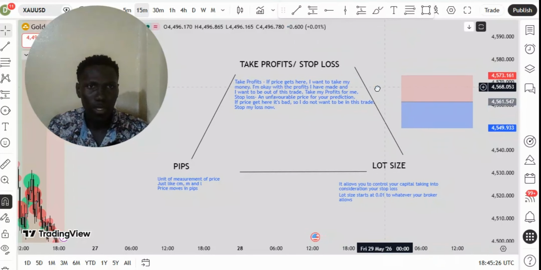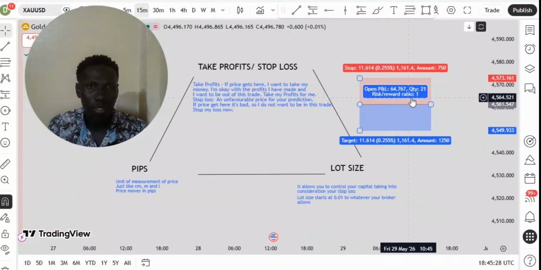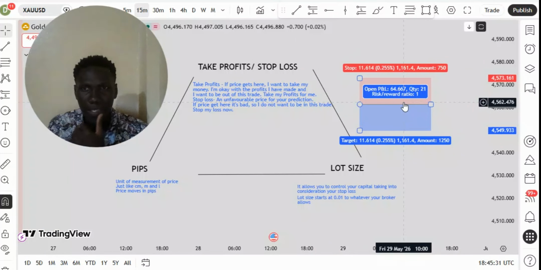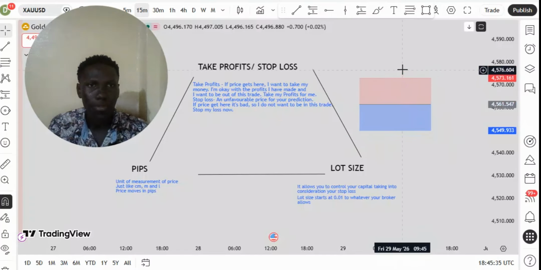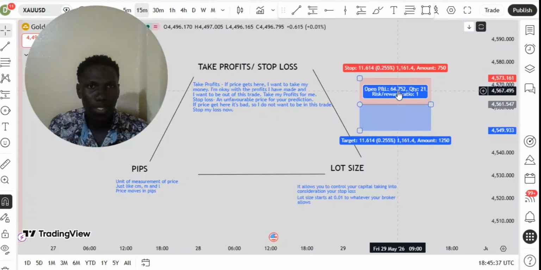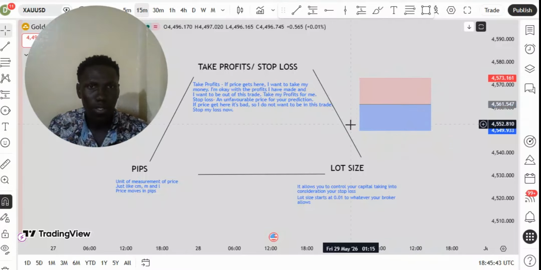You want to know the pip amount, the number of pips, like if you have 5 centimeters, 4 centimeters, and all that. Just check the side. When it is 1,000, that's your stop loss pips.